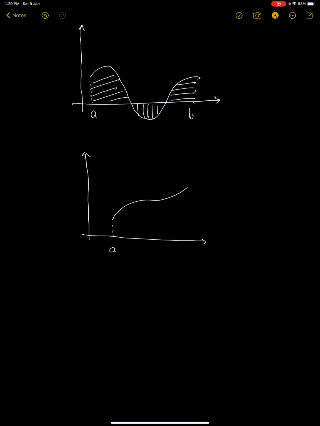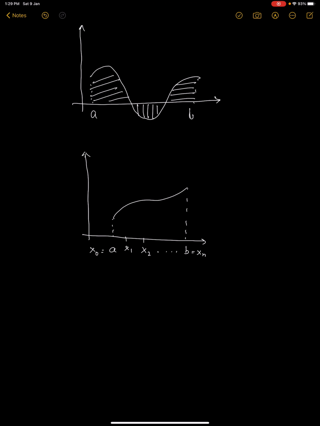What we do is we divide this zone AB into several partitions. When you partition the zone, x0, x1, x2, and so on up to xn, so n plus 1 points.